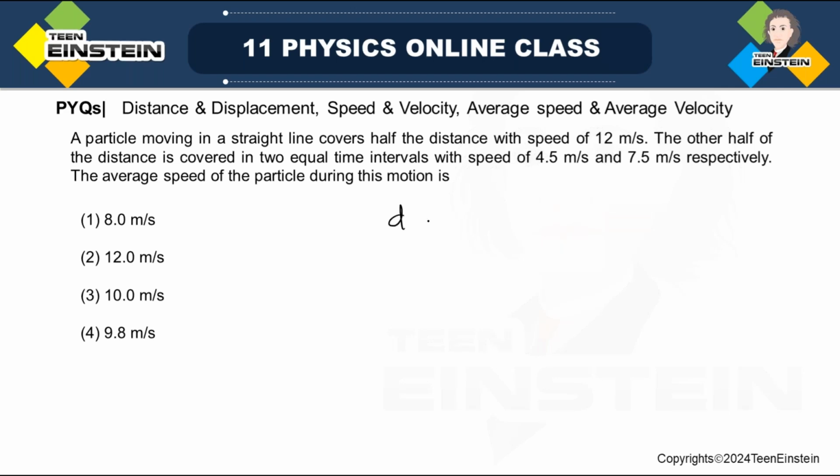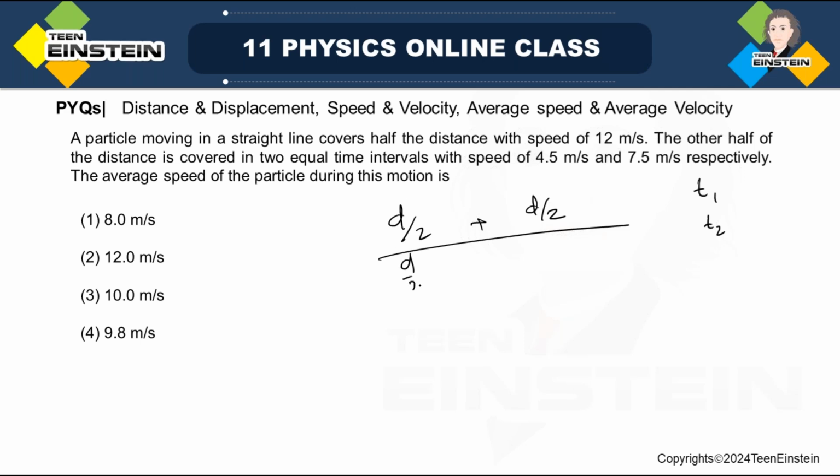See, I have d half plus d half. The times are two equal intervals. This is where the thing is, two equal intervals. So t1, t2, let us say t1 is this one.